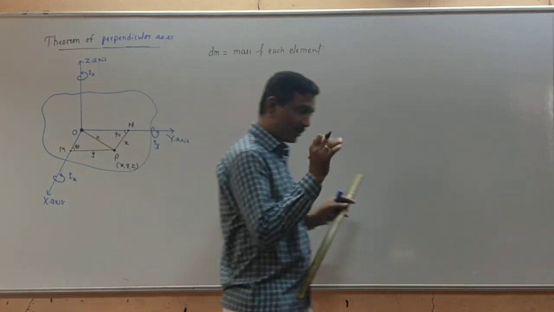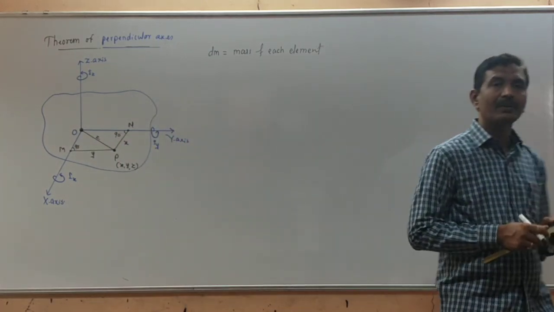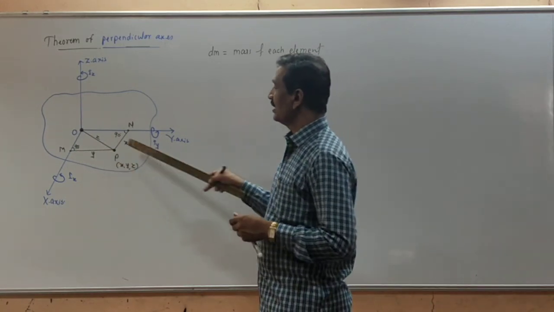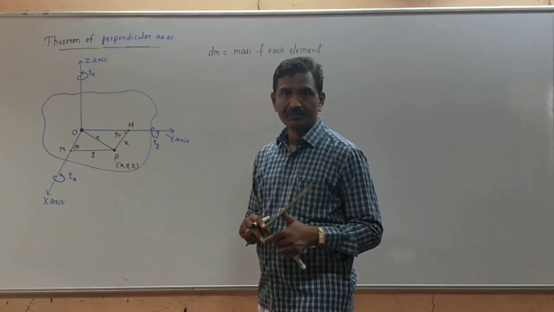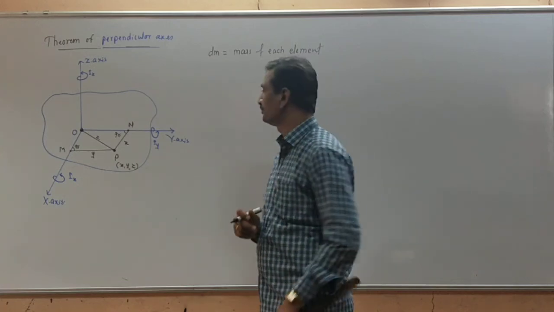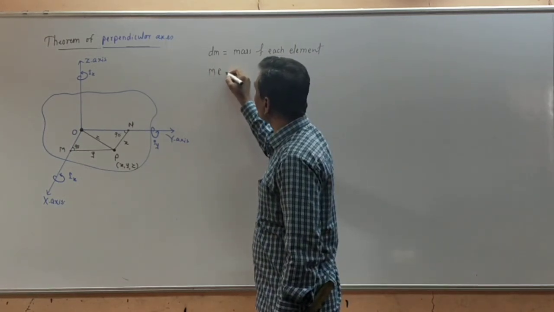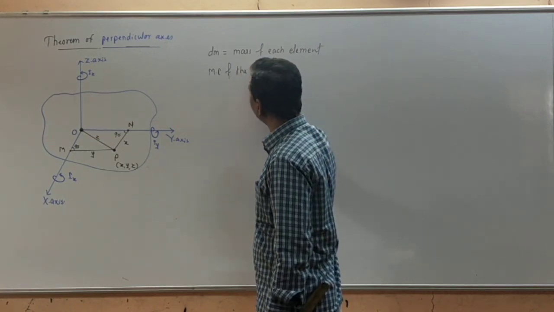Thus we know the distance of the element from all three axes. These distances are denoted by y, x and z respectively, from the x-axis, y-axis and z-axis. Now what is the moment of inertia of the lamina?